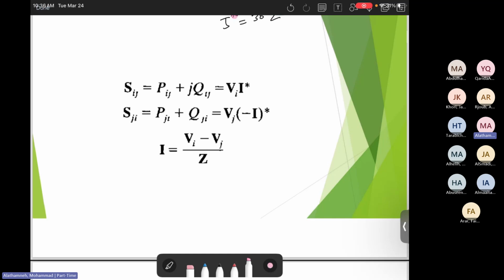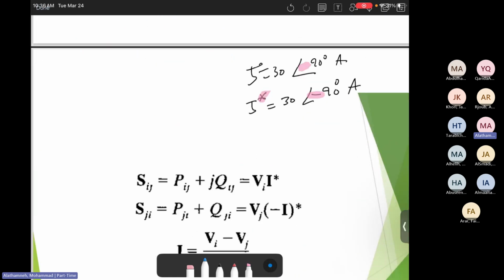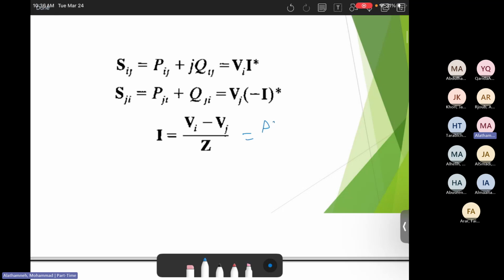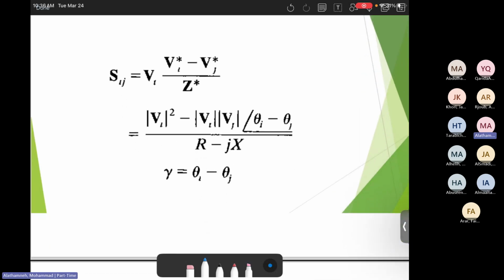Now, how do we calculate I? I is the voltage difference divided by impedance. I here will be delta V divided by Z, which is VI minus VJ divided by R plus JXL. Then for simplification, to calculate the real and reactive power, substituting VI and the current, keep in mind all of it is conjugate, then you put all of the conjugates here.